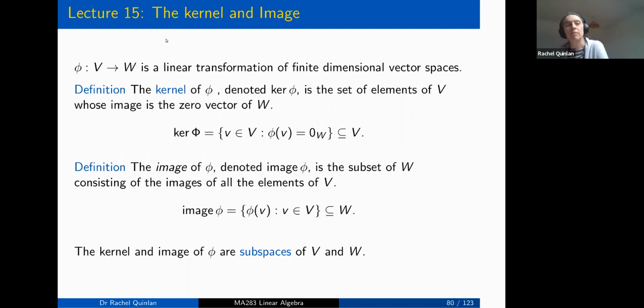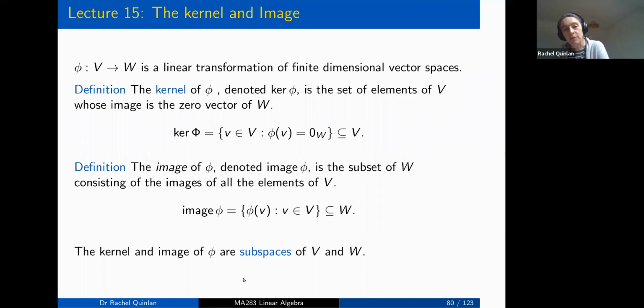And that raises a question, because if V and W are finite dimensional, then the kernel of phi is a subspace of V whose dimension is some non-negative integer at most equal to the dimension of V itself, and the image of phi is a subspace of W whose dimension is at most equal to the dimension of W as a vector space.